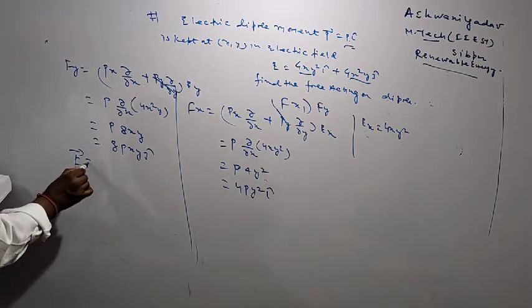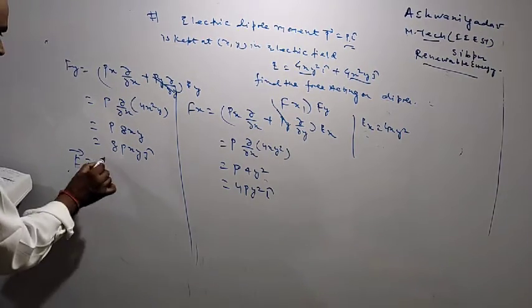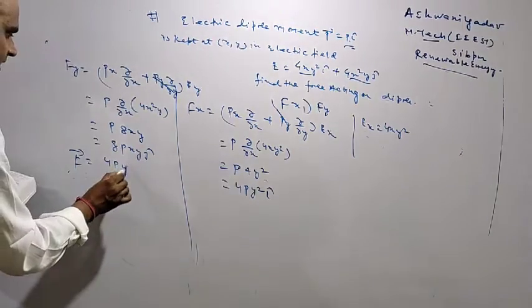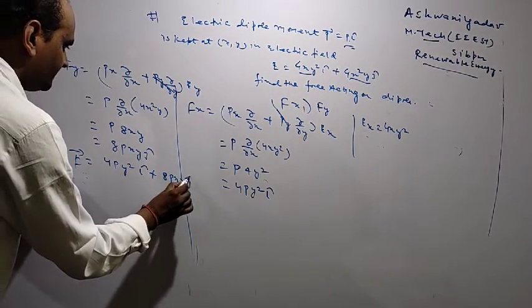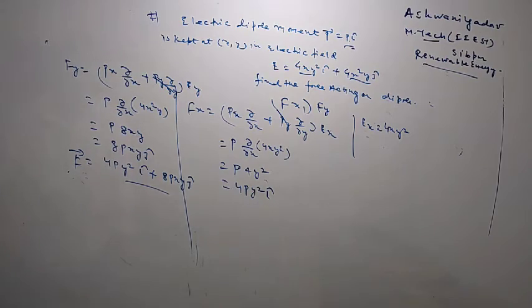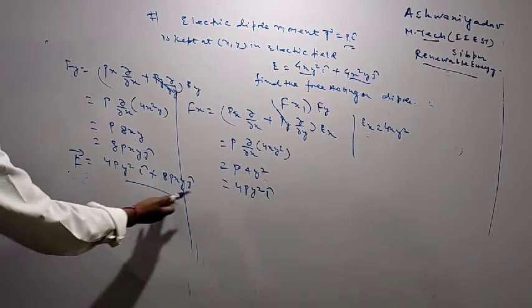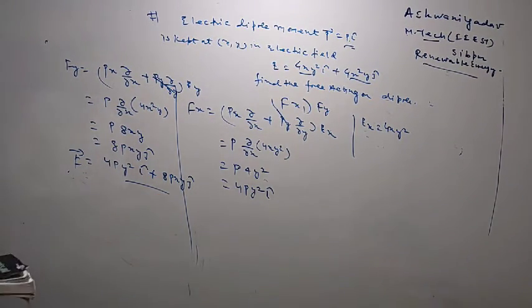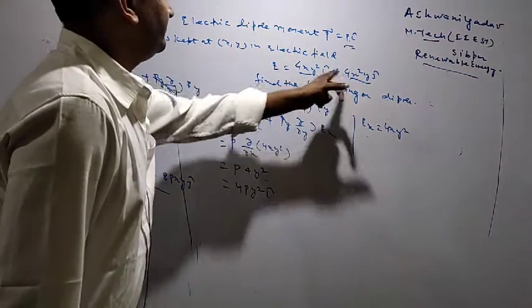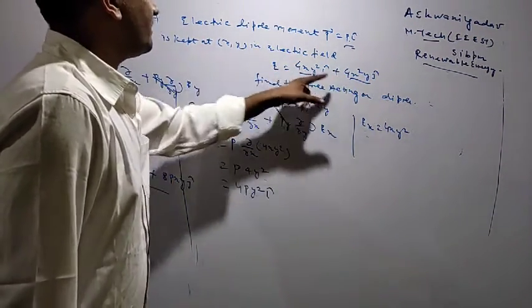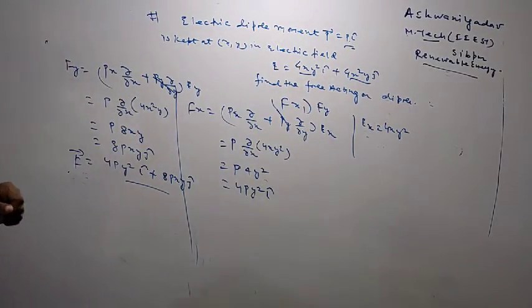So we have the force in vector form. We can write 4p y square i plus 8pxy j. So this is your force in two directions. If you are given the xy coordinate, then surely you can find the force in 2 dimensions.